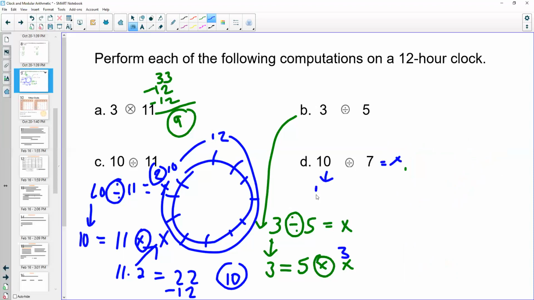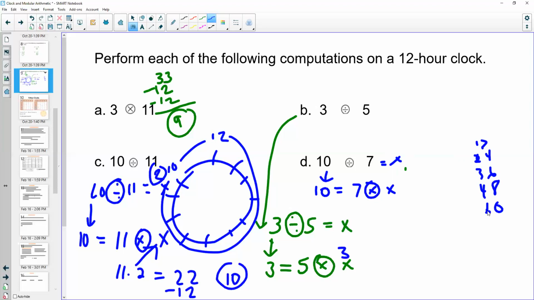10 equals 7 times something, okay? So I want to divide something and get there, so I've got to think about multiples of 12. 12, 24, 36, 48, 60. 60 would be a multiple of 12.